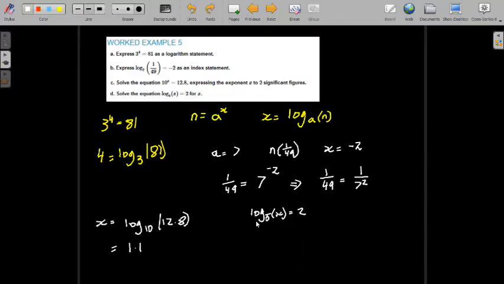So basically we've got this, need to convert it into something like that. So I've got n, which is actually x, a, which is 5, and my x is actually 2. So it's going to be 5 squared, which we can actually say is 25. So it's just using this information here.